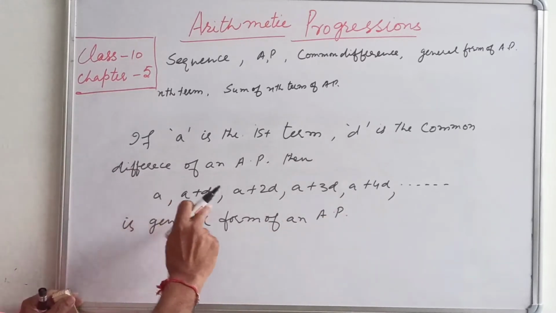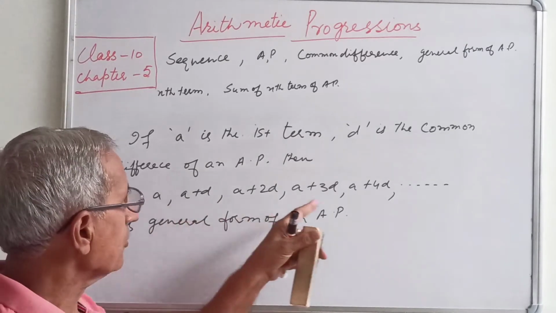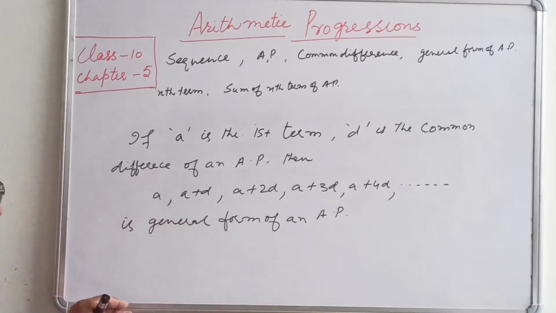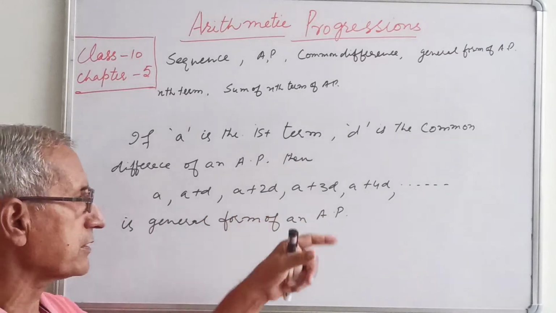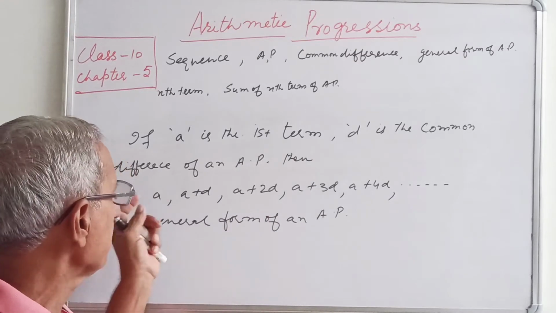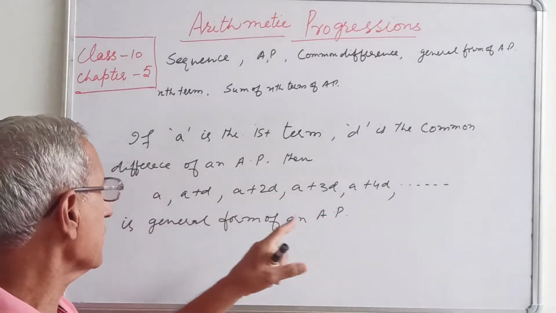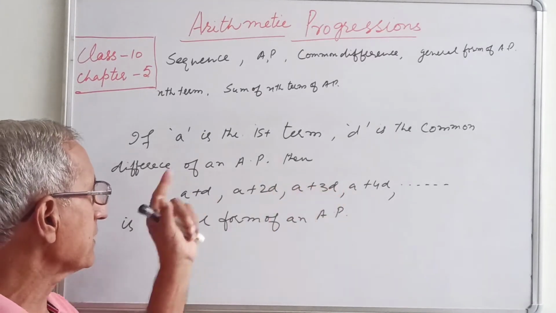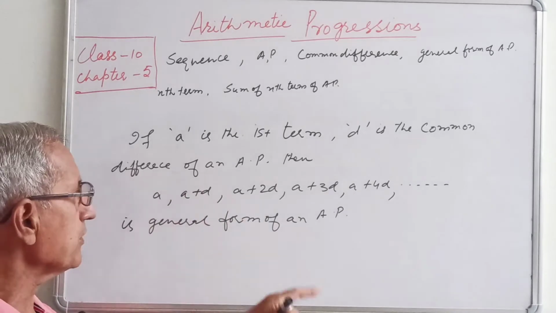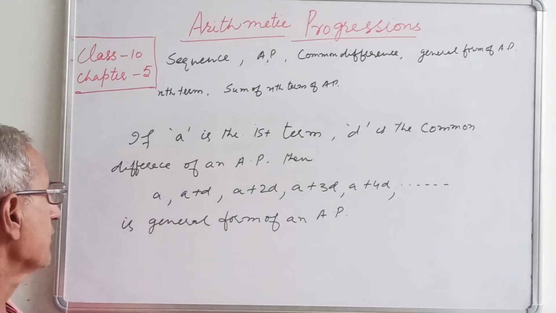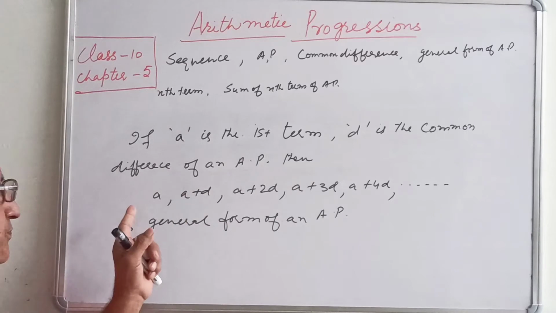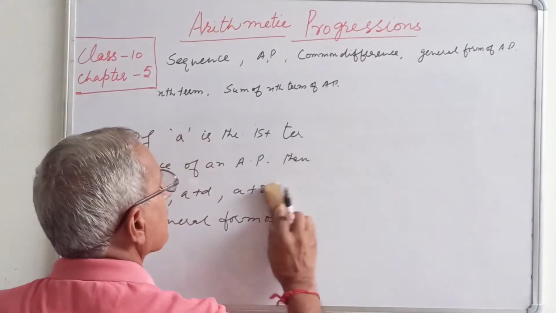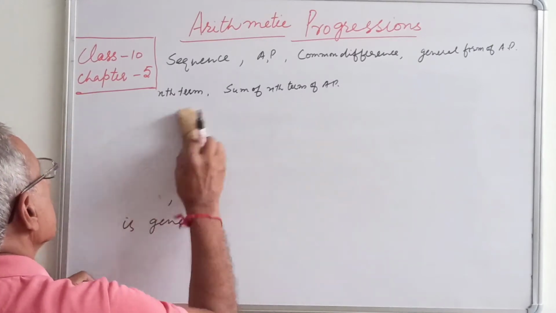Here A is the first term and D is the common difference. The successive terms are written in this form. So D is always added to the preceding term, and that is the constant difference. That is called the general form of the AP.